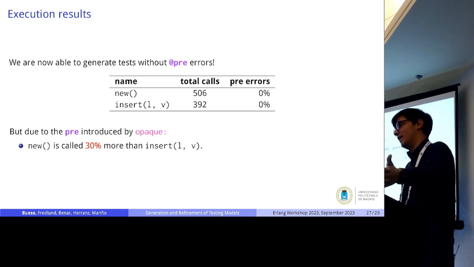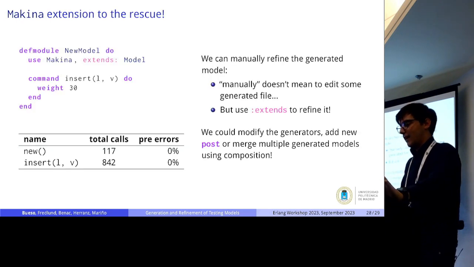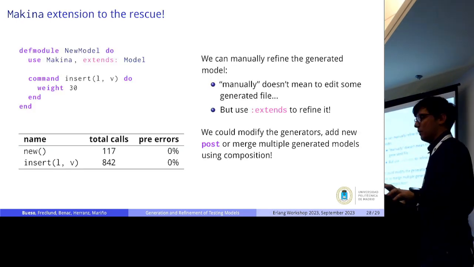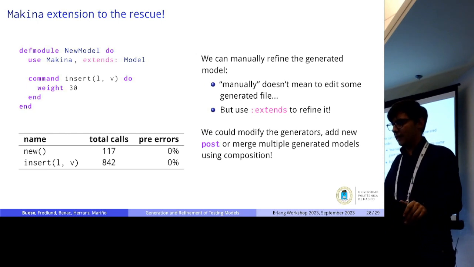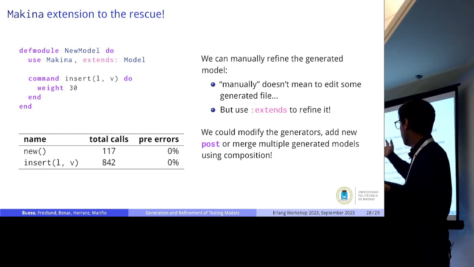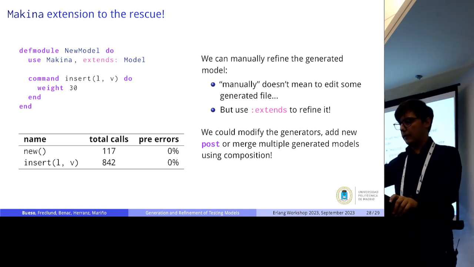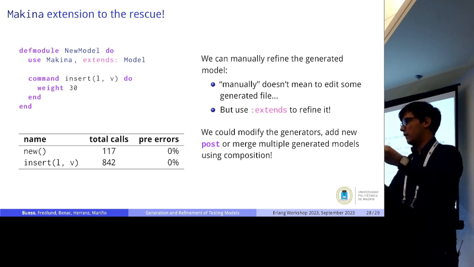And new is not a really interesting operation in this case. So how can we improve this? Well, we have the Makina extension operator. So we could write a new little model that modifies the weights of the generated commands.